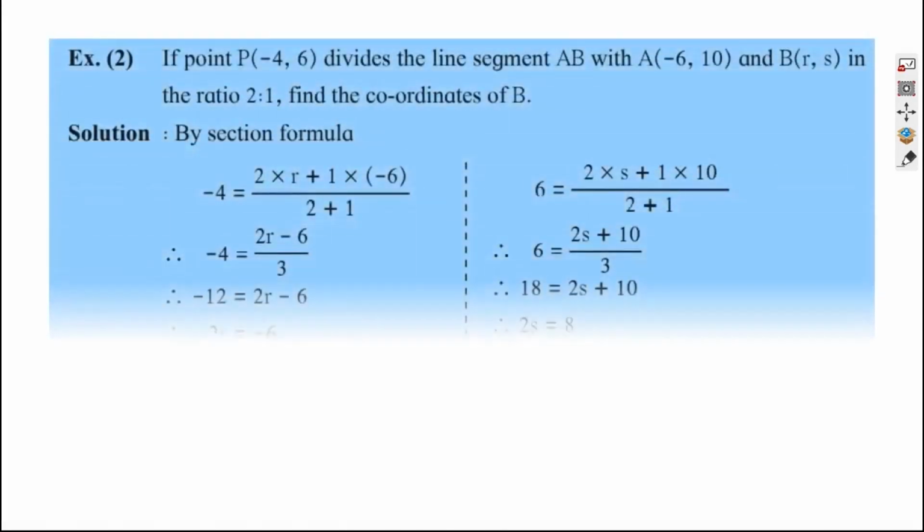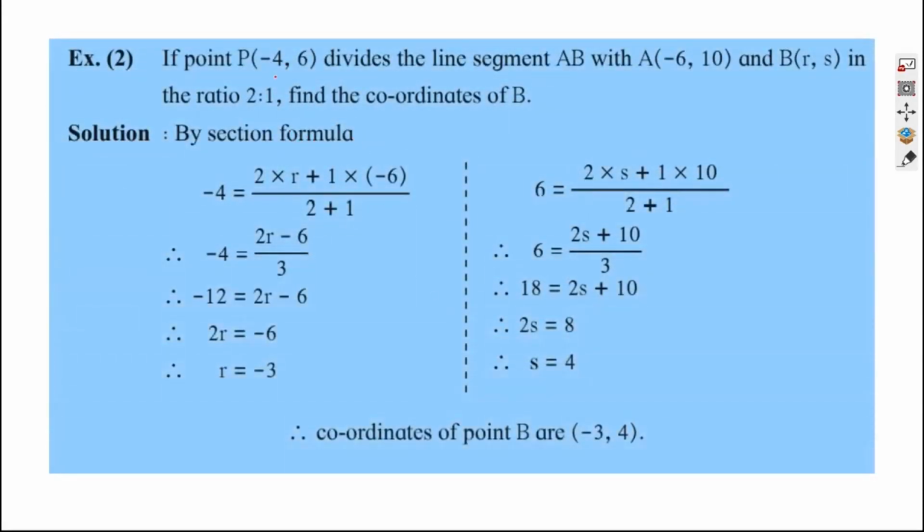Here is another question where P is given as -4 and 6, and it divides the line segment AB in the ratio given. B is not given, but P is given. We are asked to find the ratio. In the section formula, the ratio is very important. So by the section formula we will substitute, but in this case the point P is given, the point A is given.